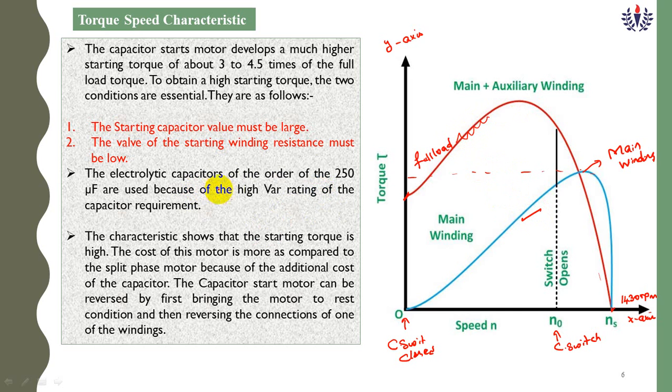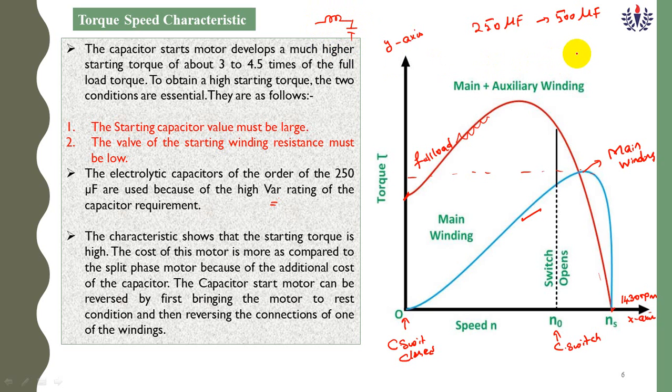Now please note down the electrolytic capacitor range I am operating here. It is 250 microfarad to 500 microfarad rating. VAR stands for volt ampere reactive, because in our circuit we have both the inductor and the capacitor.